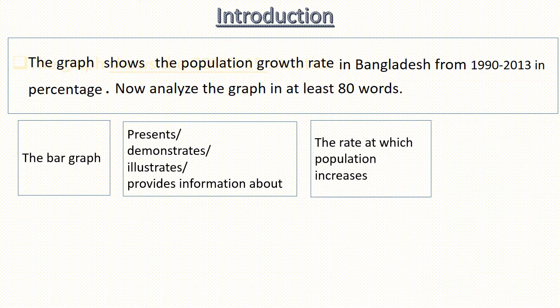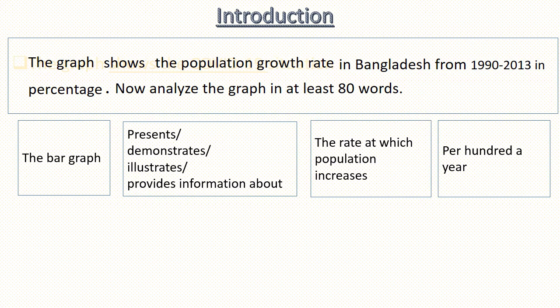The population growth rate, instead of this, we can use the rate at which population increases. In Bangladesh, we can use the same thing, or we can use in our country. From 1990 to 2013, we can paraphrase this as in a period from 1990 to 2013. And percentage, this can be paraphrased as per 100 a year.